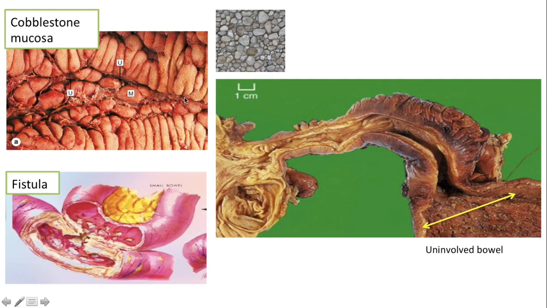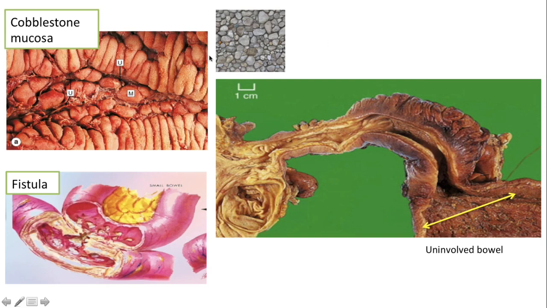Another feature that you can see, if you're viewing a segment of intestine involved by Crohn's disease, the mucosa can take an appearance of what we call cobblestoning, so cobblestone mucosa. It is called that because the appearance is quite similar to the cobblestones that you see sometimes in the park or even at the corridor near our ED in PPUITM.